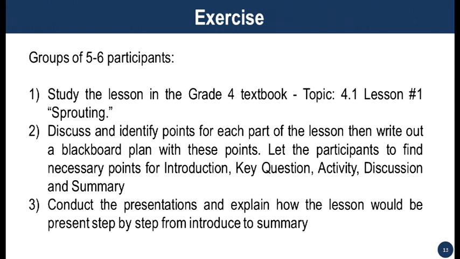Find the necessary points for the introduction, the key question, the activity, discussion, and summary. Thirdly, you will conduct your presentations and explain how the lesson would be presented step by step from introduction to summary.